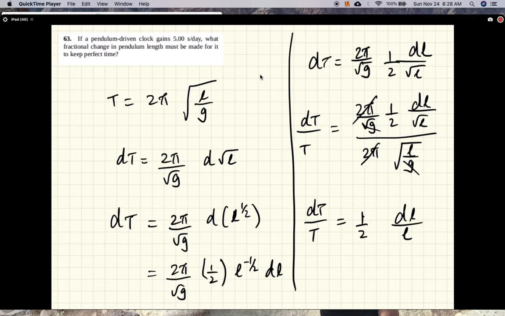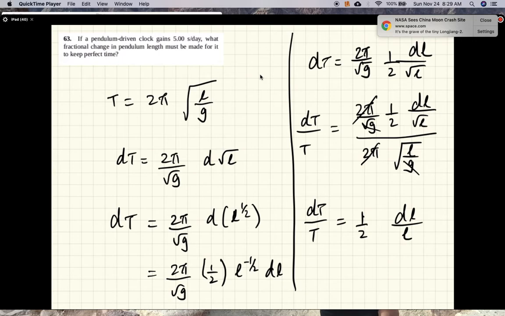So if your pendulum gains 5 seconds a day, this ratio would be that number, the fractional increase in time, and that's related to the increase in length. If you want to decrease it by 5 seconds a day, then you would have to decrease the length by this factor.